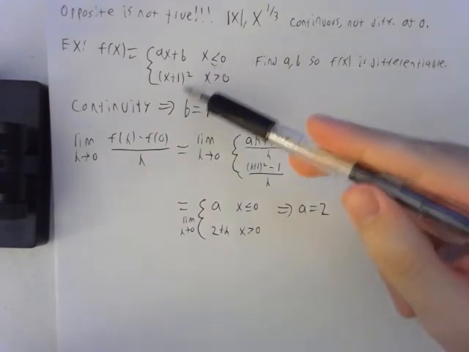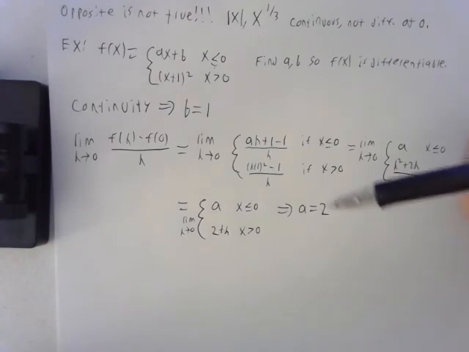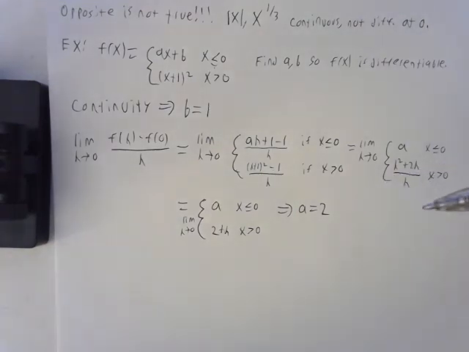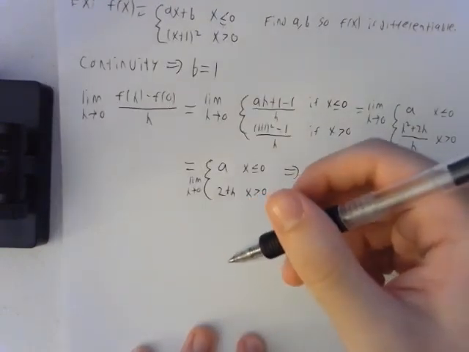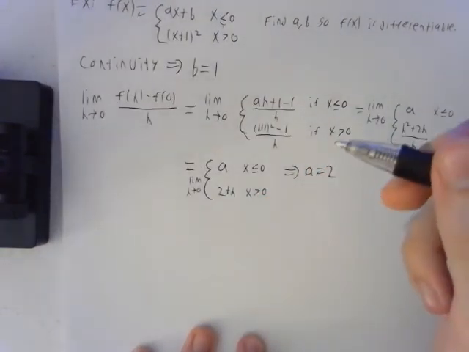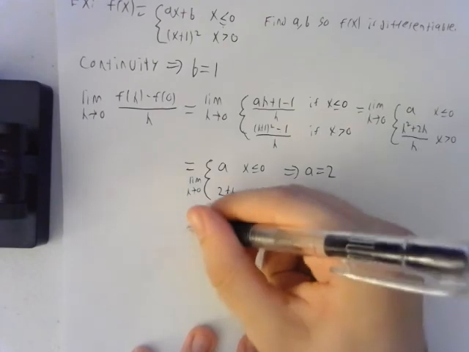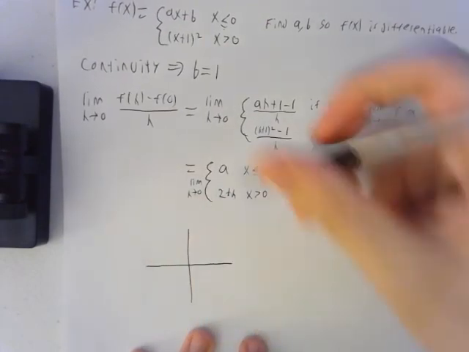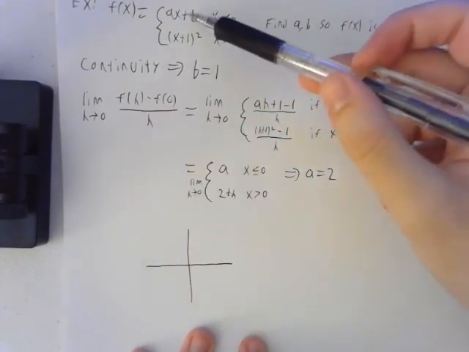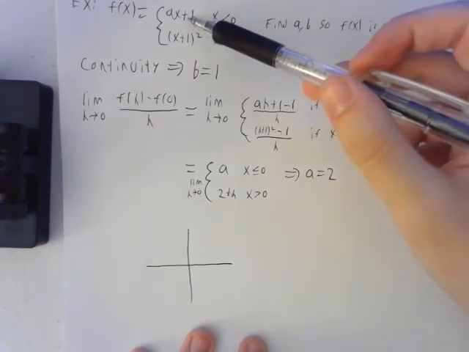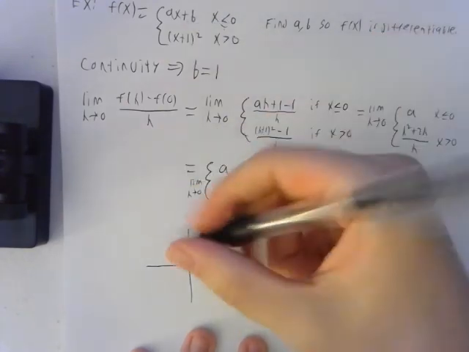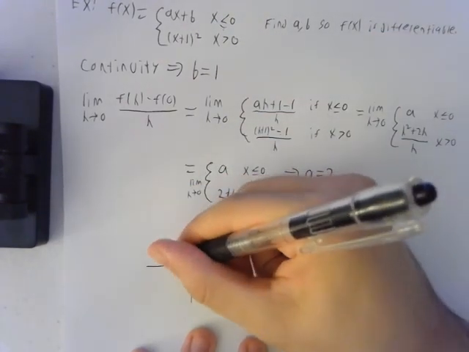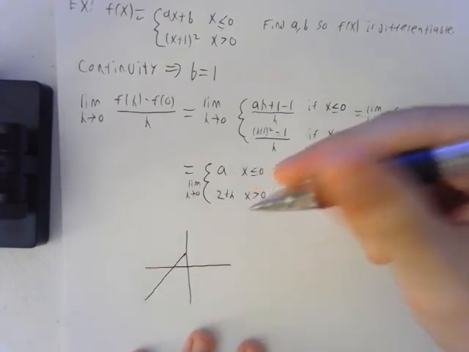If you were to look at the graph of this function, we have the line with slope 2, 2x plus 1, so that means it's a line that does something like this.